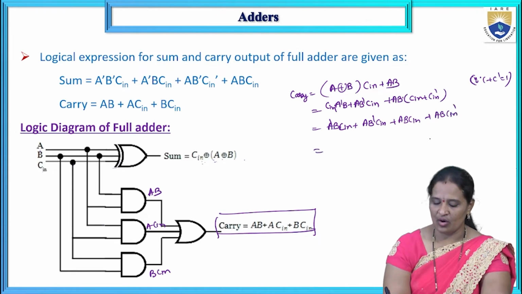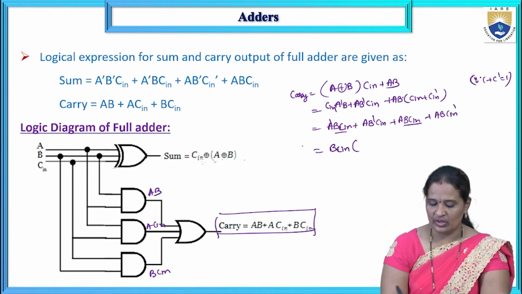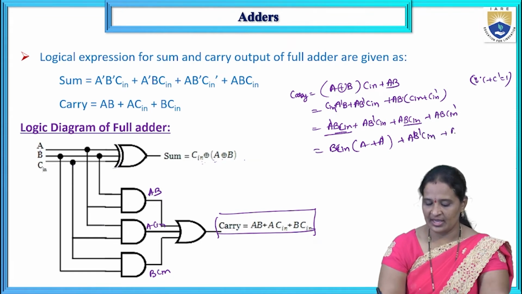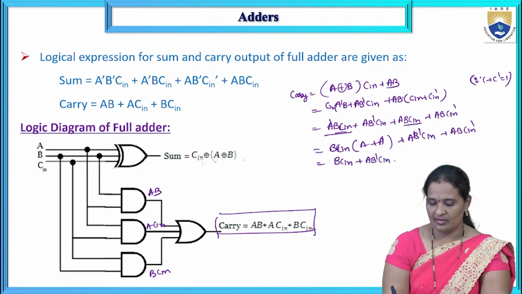Now in this case, I want to take B Cin as common in these two terms, so I will get A plus A bar. So B Cin, plus A B bar Cin plus AB Cin complement.